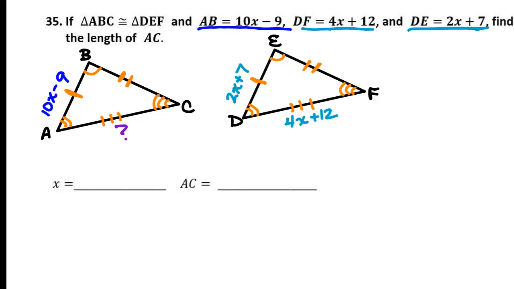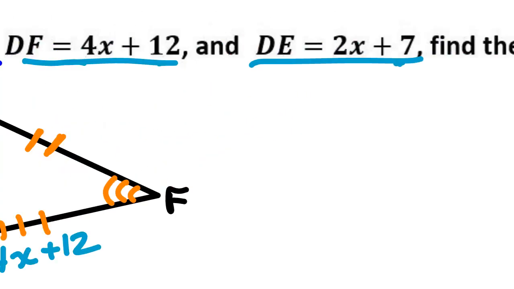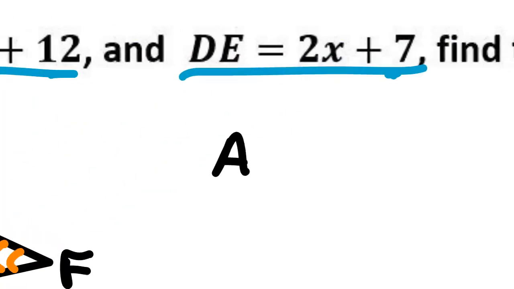Well, to find the value of x, I need to match up something on the first triangle that's congruent to something on the second triangle. Which pieces are congruent that I could use? AB is congruent to what? DE.